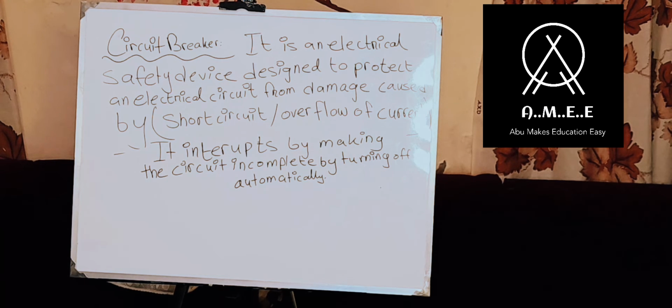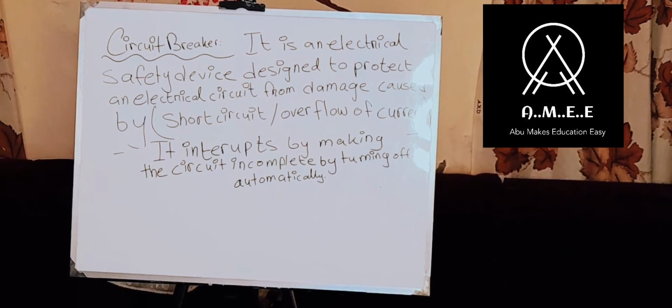As we know, a complete circuit allows current to flow through it, but an incomplete circuit does not allow any current to pass through it. And we know the reason very specifically.